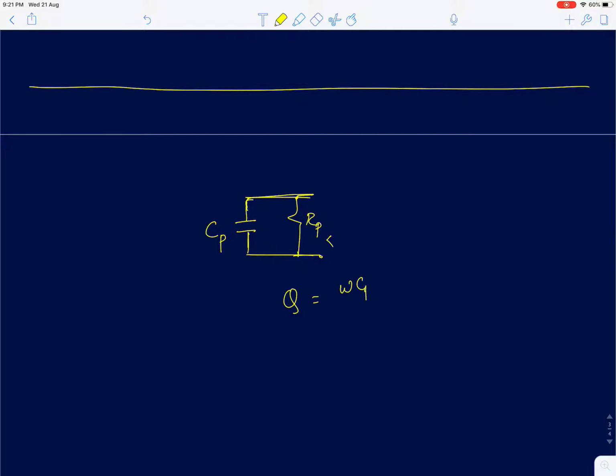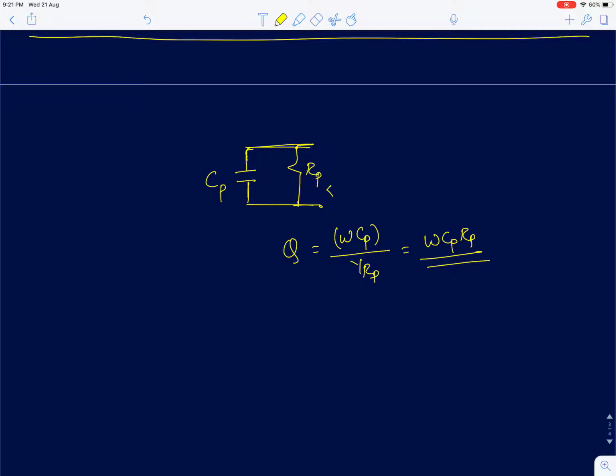That is omega Cp, the conductance of the capacitor, divided by 1 by Rp. So you will get omega Cp Rp. Again, ideally you want this element to behave like a capacitor, and that will be possible if Rp tends to infinity. If Rp tends to infinity, Qp, the parallel Q, will tend to infinity.